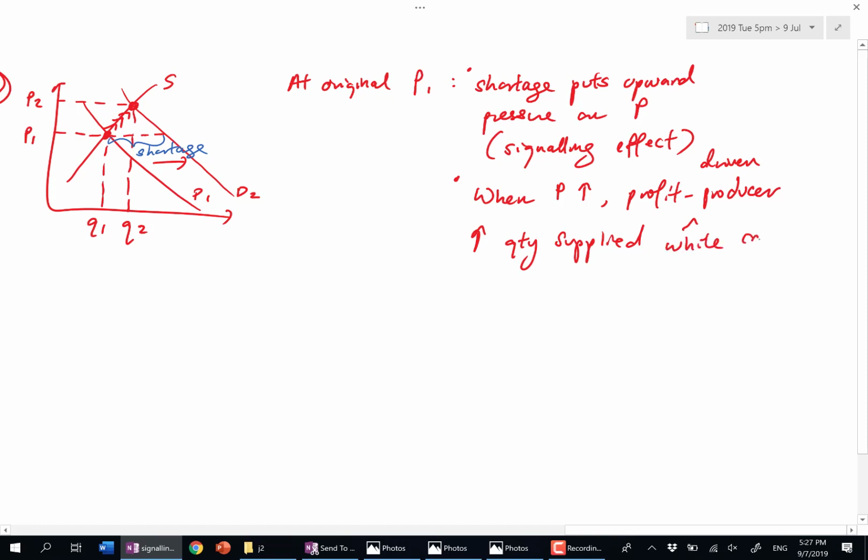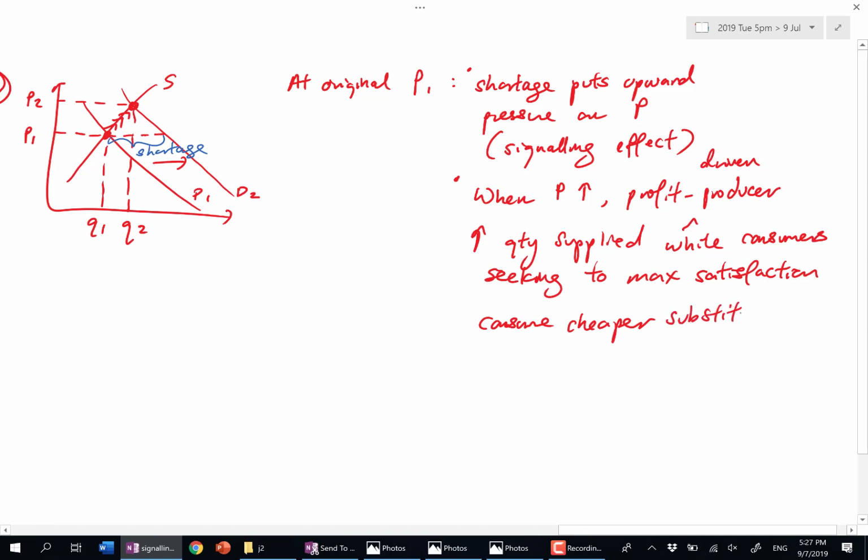While consumers seeking to maximize satisfaction will consume cheaper substitutes instead. So there's a fall in quantity demanded. This is the closest you get to talking about self-interest. Okay? So historically, when we talk about self-interest, it's always embedded in this paragraph.